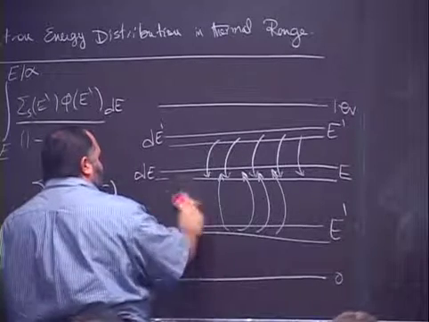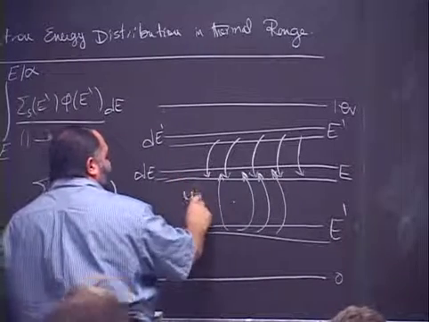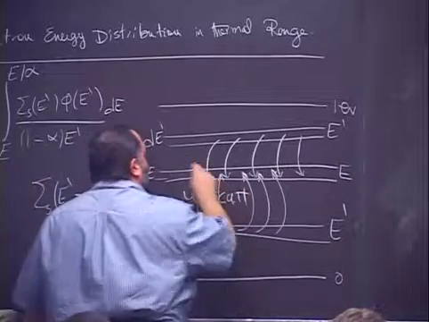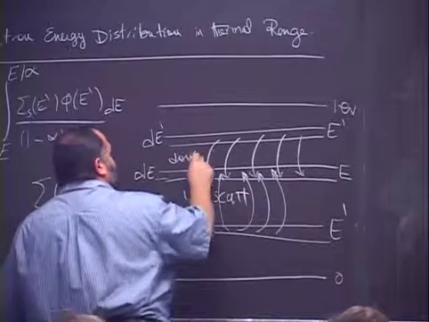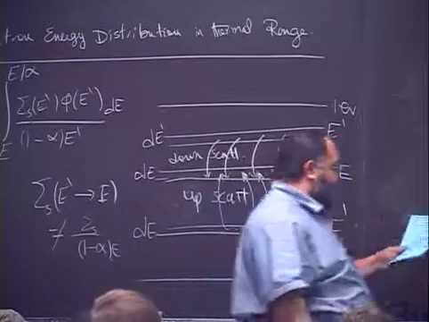Before I had only down scattering, but now I can get up scattering, or I can get down scattering. So there are two types of scattering collisions now.